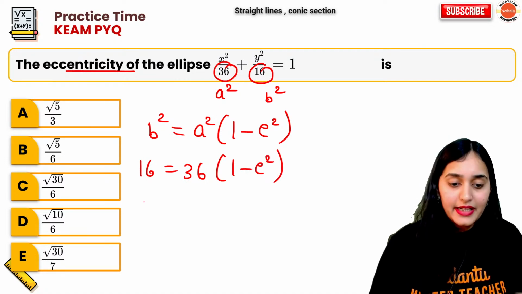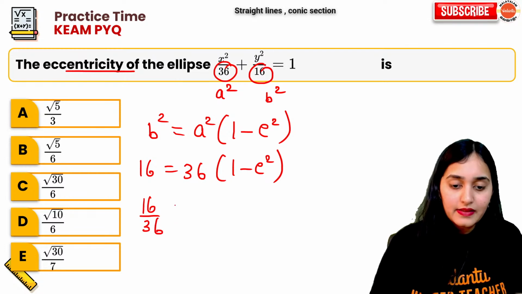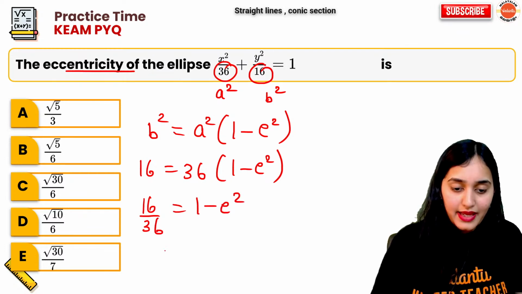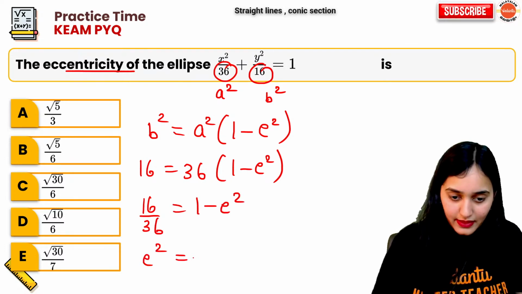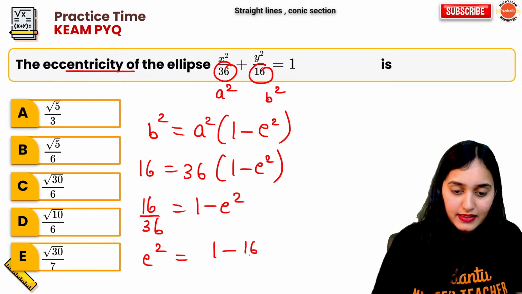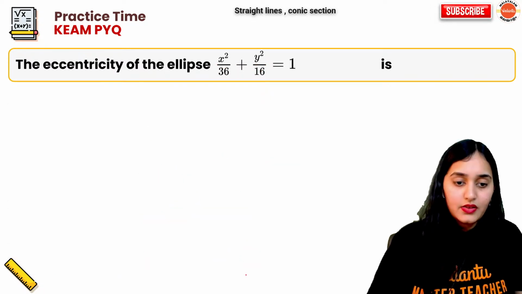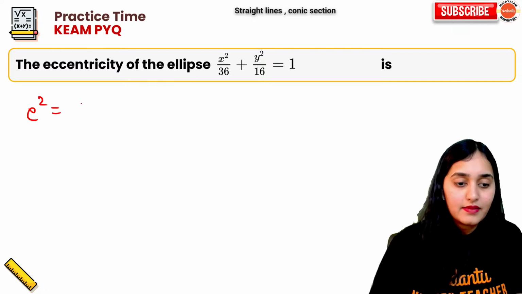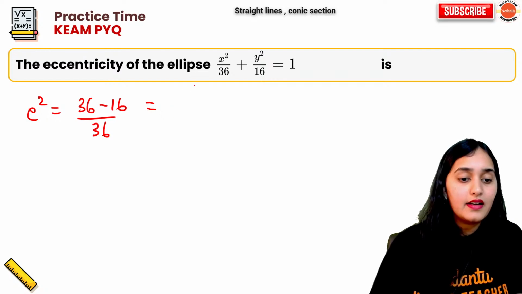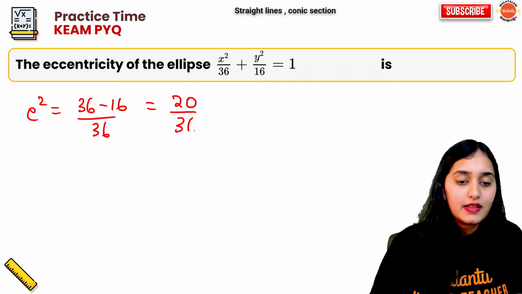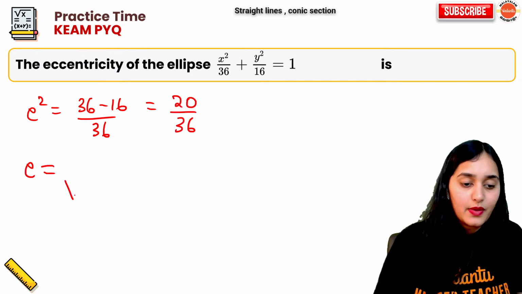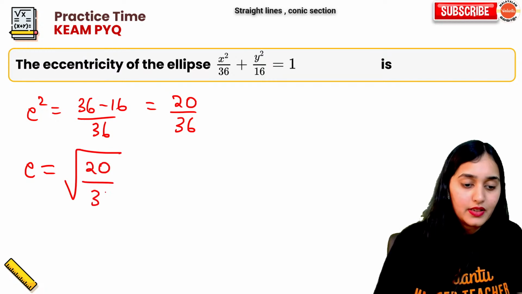So, divide it. 16 upon 36 is 1 minus e square. So, e square is basically 1 minus 16 upon 36. So, you get e square is 36 minus 16 upon 36. It is 20 upon 36.